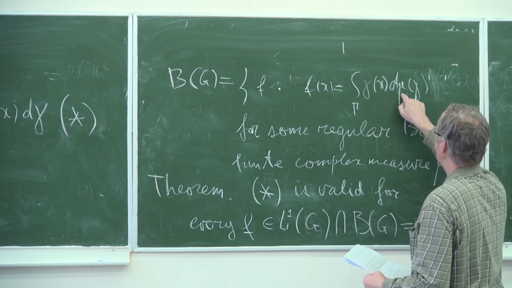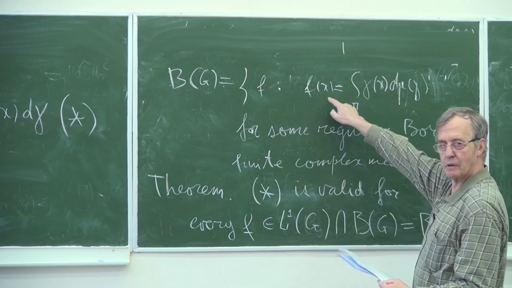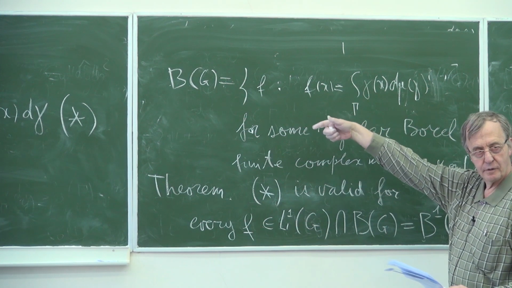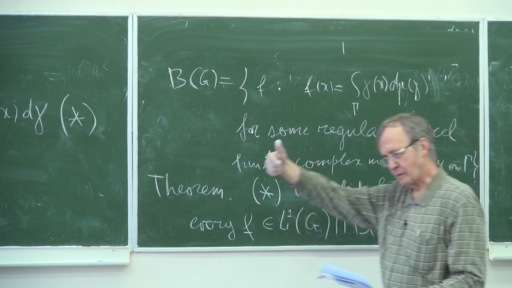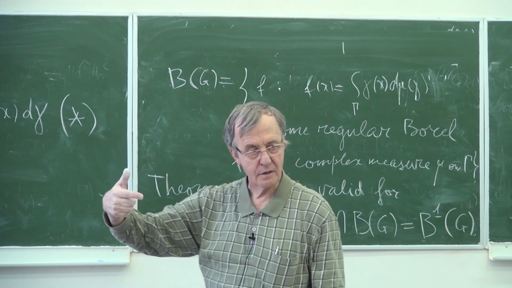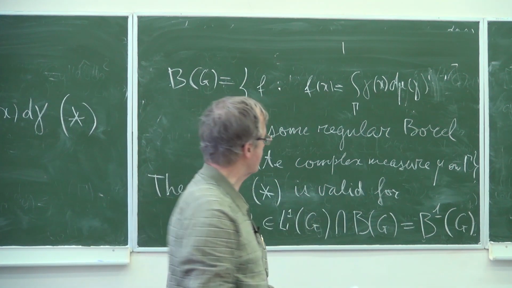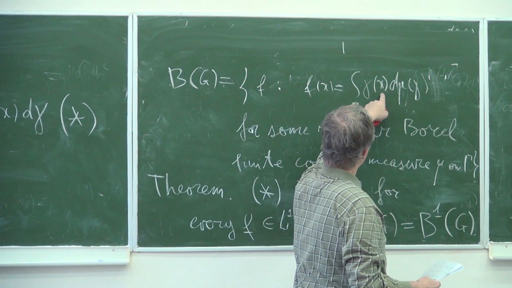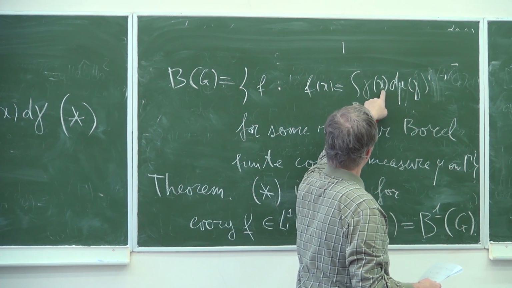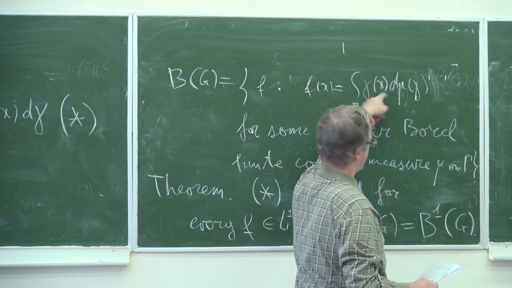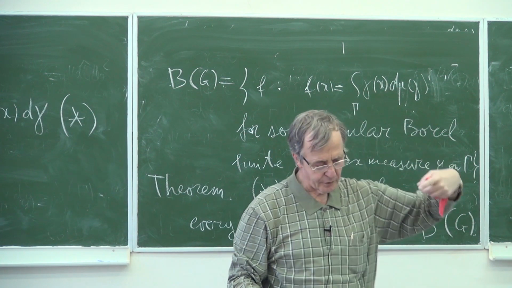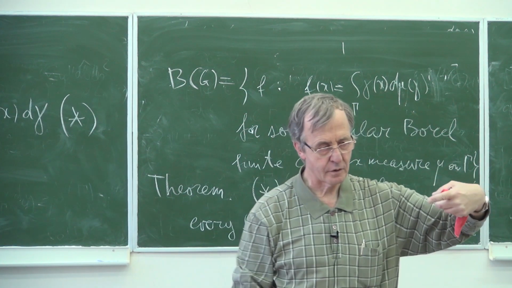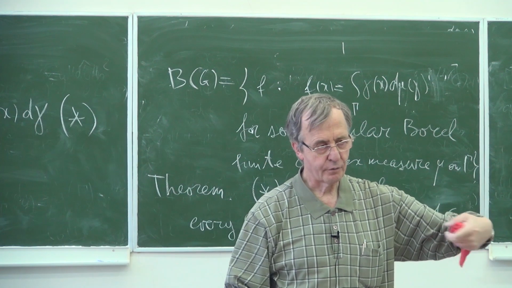We already know that this representative measure is unique, because we proved this form of the uniqueness theorem: the integral, when x runs over G, determines the measure mu, and this follows from the Stone-Weierstrass theorem.